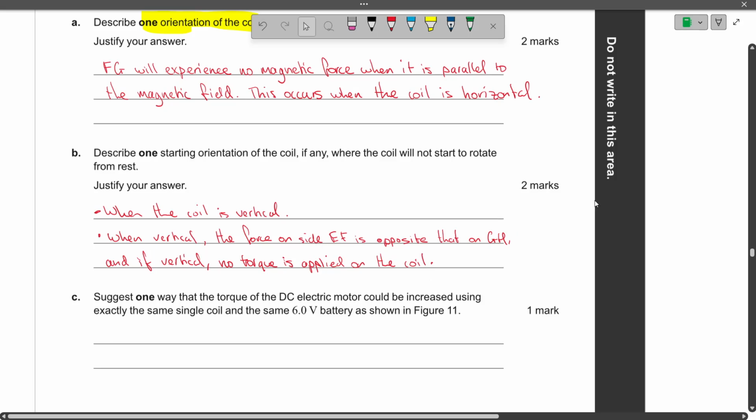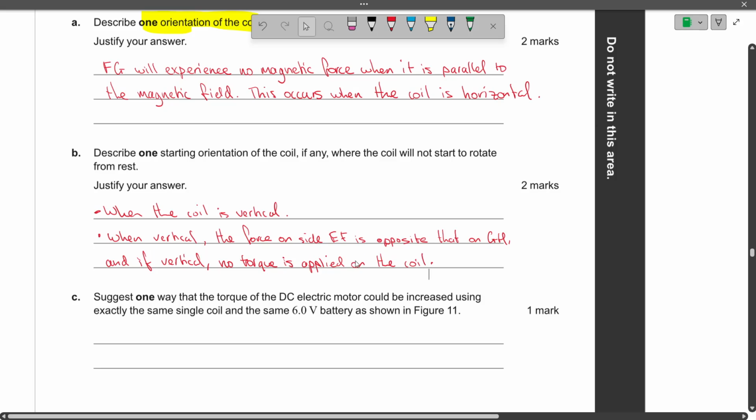The main point that you want to get across in this question, I think, is that there's not going to be any torque applied on the coil. So there's not going to be any turning of the coil, simply because the coil is in rotational equilibrium.